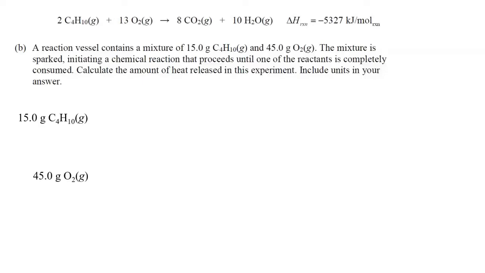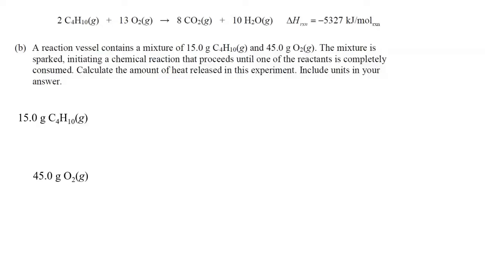So this will be a limiting reactant problem, and to calculate the amount of heat that is released in this experiment, we're going to have to determine the limiting reactant. So the limiting reactant will be the one that produces a smaller amount of heat in our stoichiometry calculations.